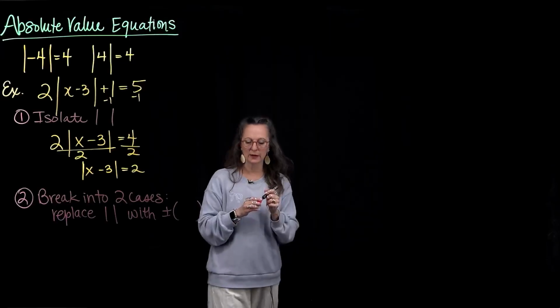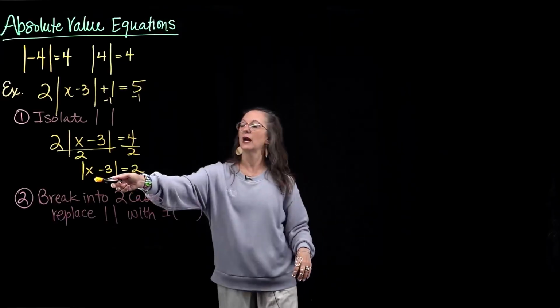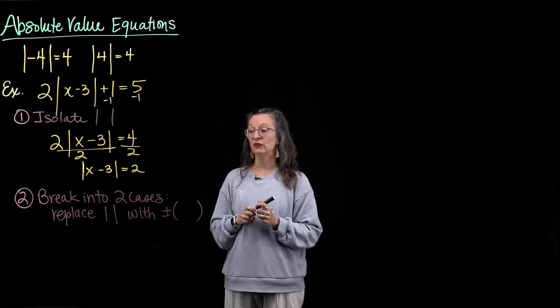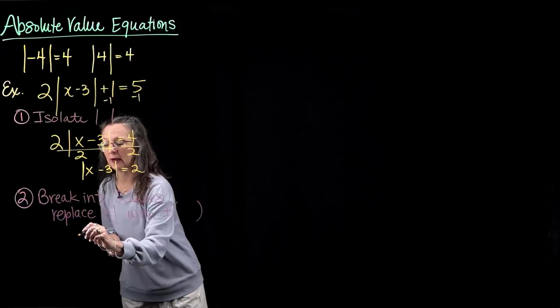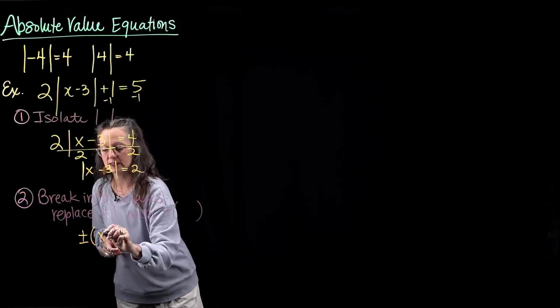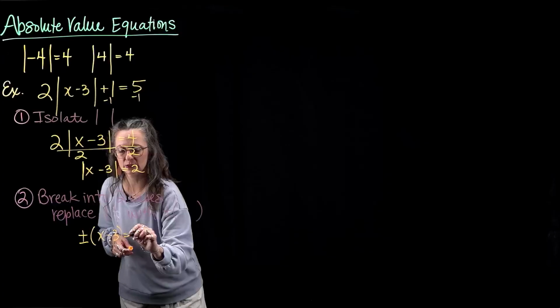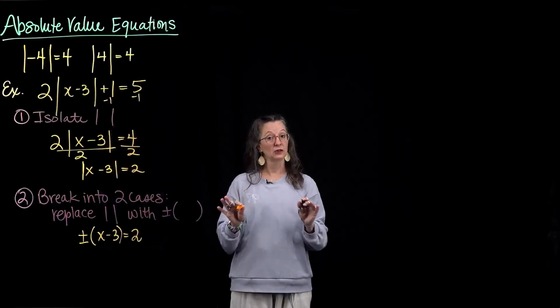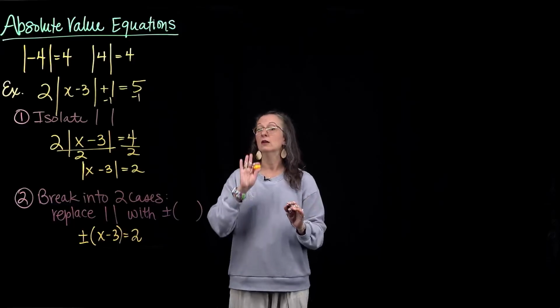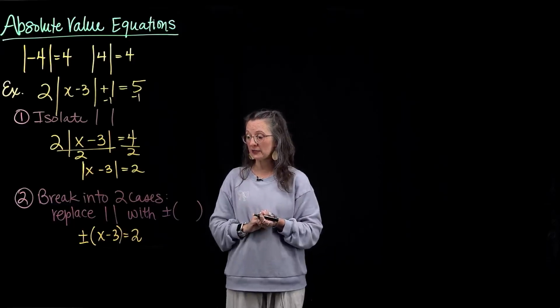Let me show you what I mean. Instead of writing this as absolute value of x minus 3 equals 2, I'm going to rewrite it as plus and minus parentheses x minus 3 is equal to 2. Now that looks a little weird. We're going to write it as 2 cases.